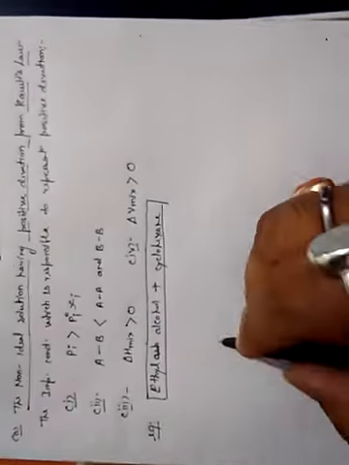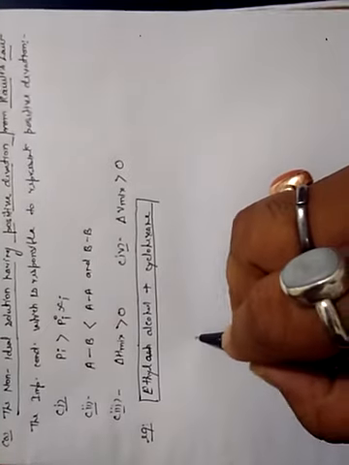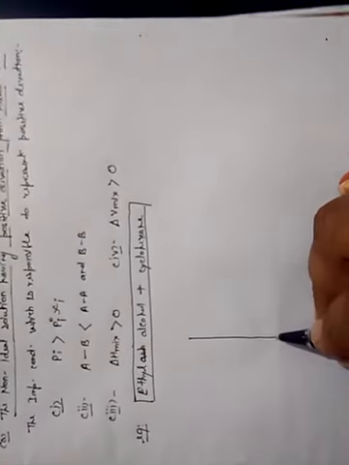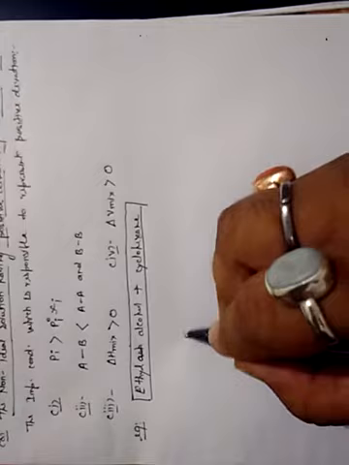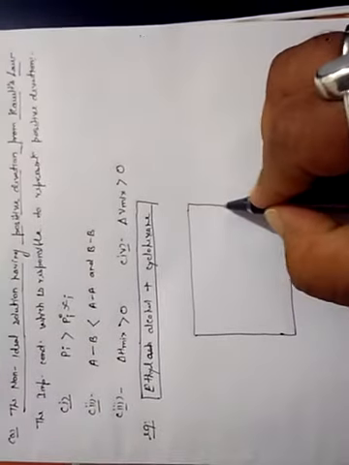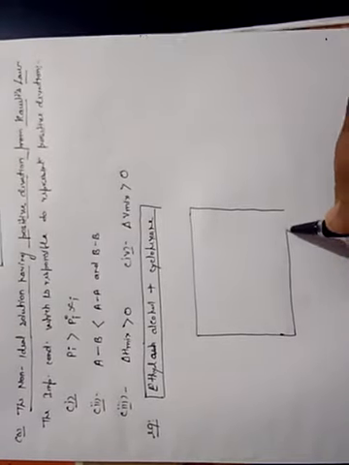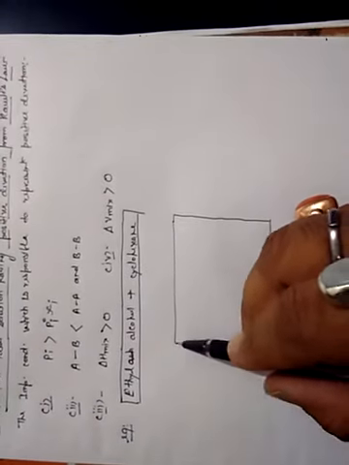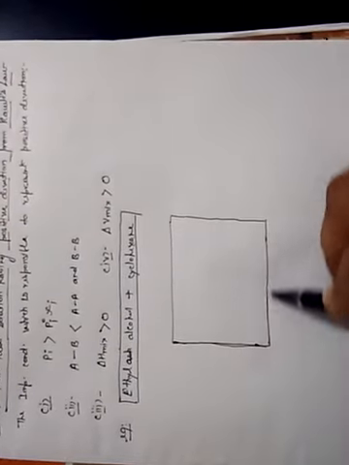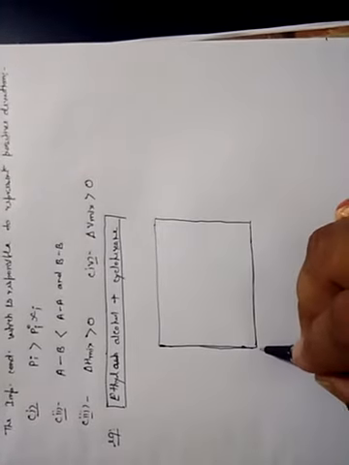The non-ideal solution representing the positive deviation from Raoult's law can be studied with the help of the following graph. Here we consider 3 axes.